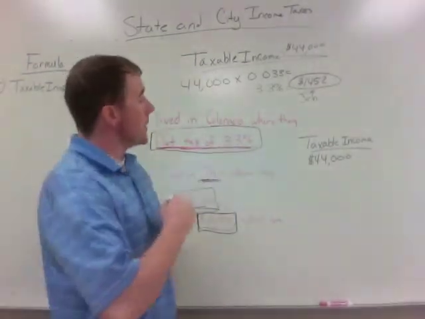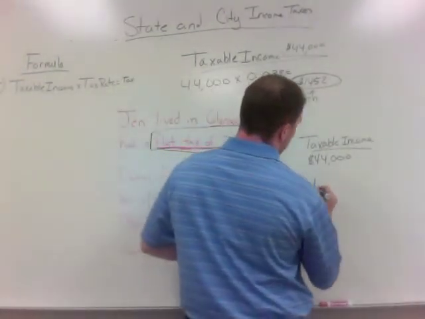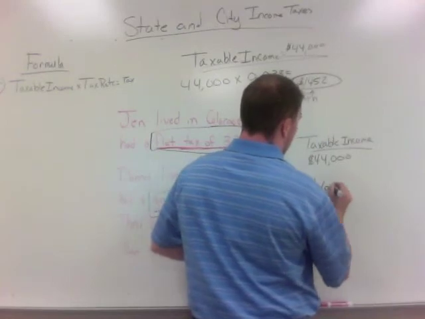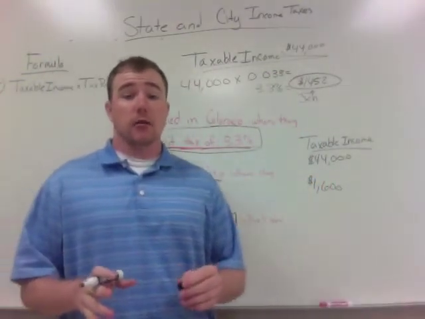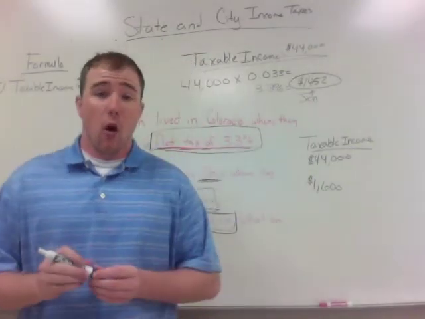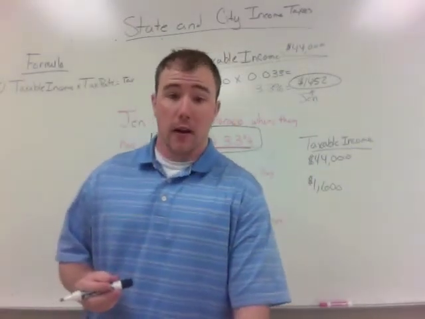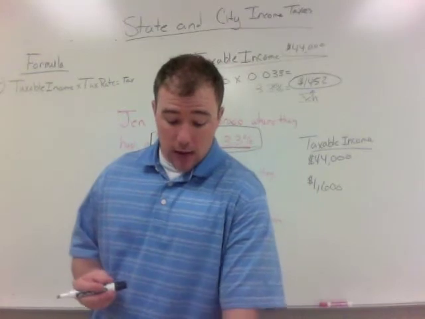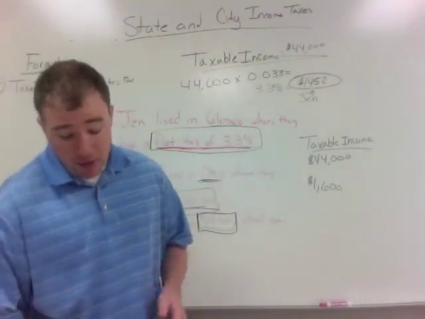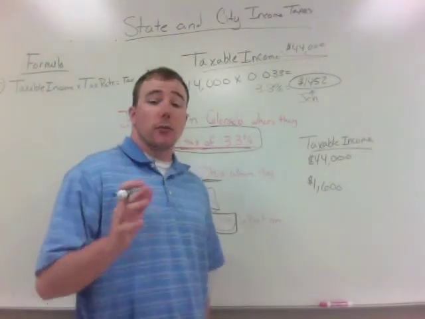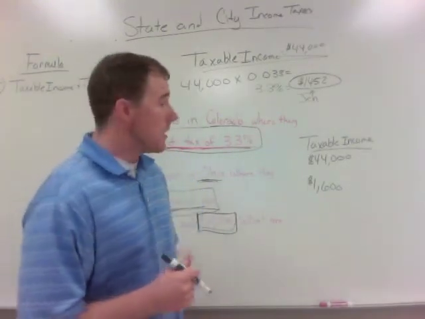His tax bracket says he's guaranteed to have $1,600 taken out no matter what. That's a set amount. A graduated tax rate takes a set amount and then a percentage of what's over the minimum for your tax bracket. So he's going to have $1,600 taken out guaranteed, plus 7% of taxable income over $40,000.